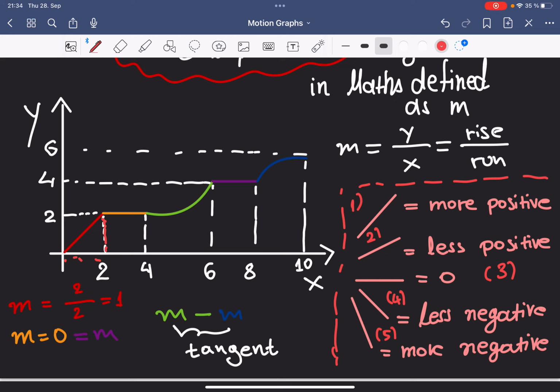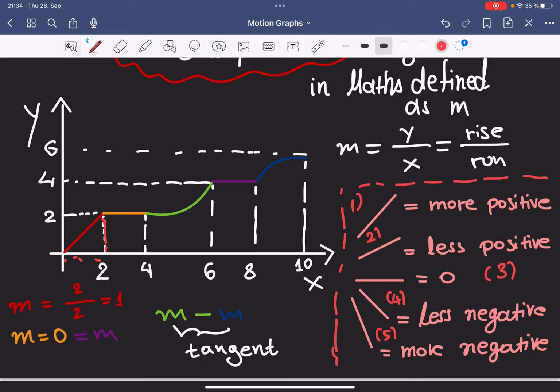The gradient of the orange line, as well as the gradient of the purple line, as you can see, is a flat line, which means the gradient is 0. Now, when it comes to the gradient of a curve, so the green line and the blue line, in this case, we are interested in defining the gradient at a specific point.